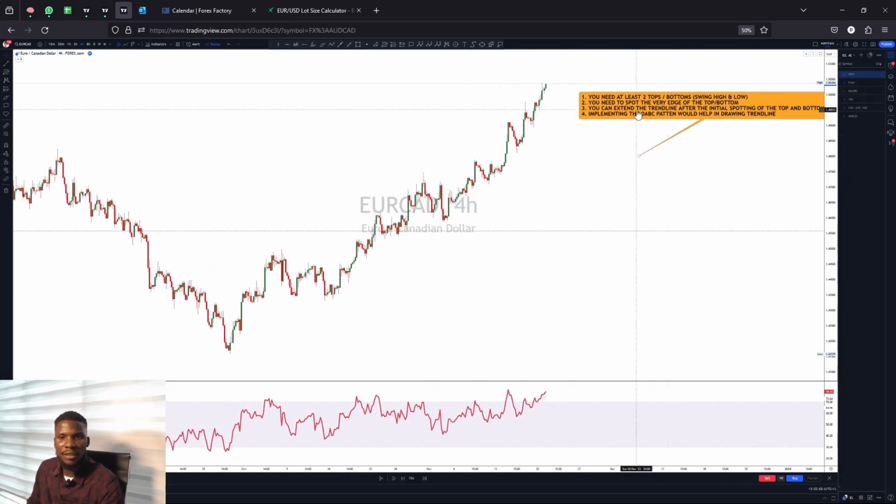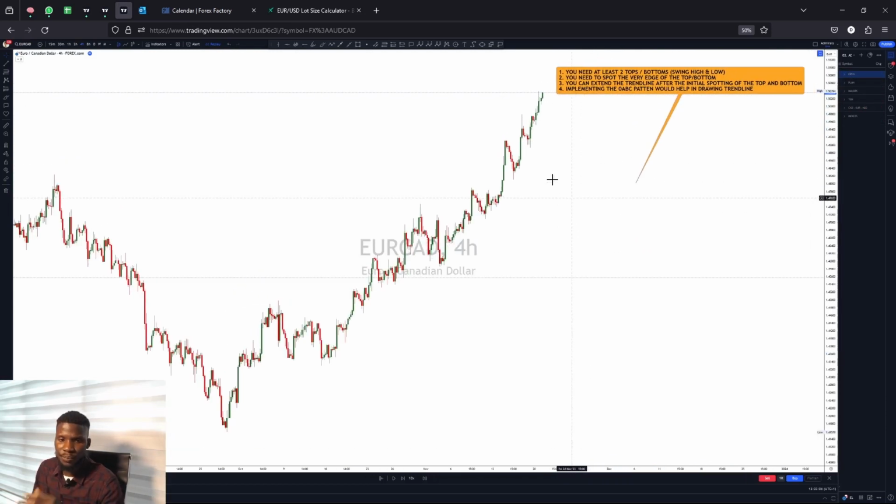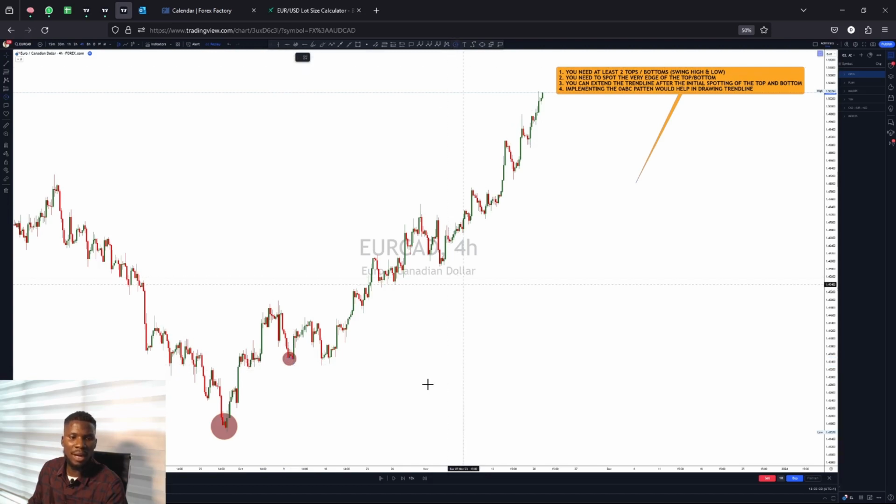So the first thing, which is our first rule, is you need at least two tops and bottoms. So right here we have our first bottom, and then we have another bottom here, and then we have another bottom here.